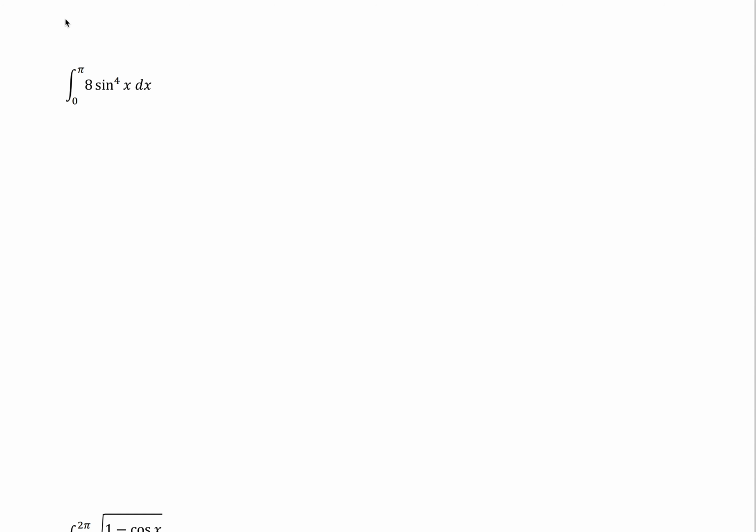So I'm going to use that here in the first one. It says integrate from 0 to pi 8 sine to the 4th x dx. So that sine to the 4th is just sine squared squared. And we can rewrite that. And I'll replace the sine squared x with the 1 minus cosine 2x over 2.